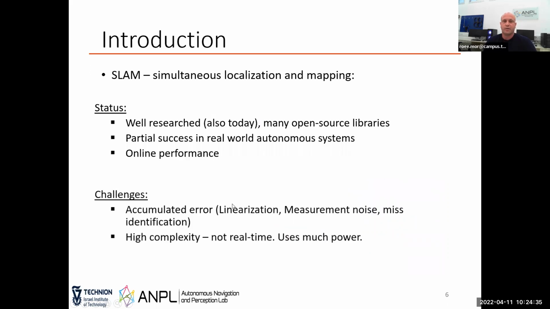So SLAM in general is useful, and today is at a level where you can use it in real-world scenarios, but it still has some challenges. One of them is that error is accumulated, because of linearization, because of measurement noise, and SLAM over a long time can't hold a good position in a global frame.